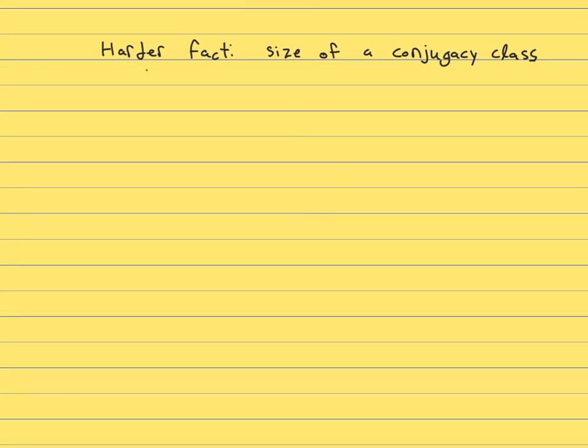Now, a harder fact is to actually compute the size of a conjugacy class. So, according to the theorem, the conjugacy classes are indexed by integer partitions, or equivalently n-tuples of non-negative numbers, where this product i times c_i adds up to n, i.e. c_i is supposed to be the number of i-cycles.